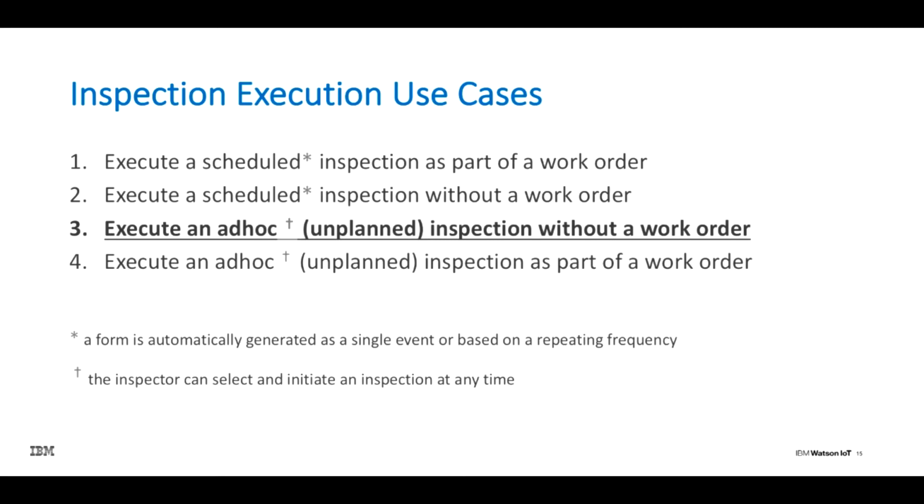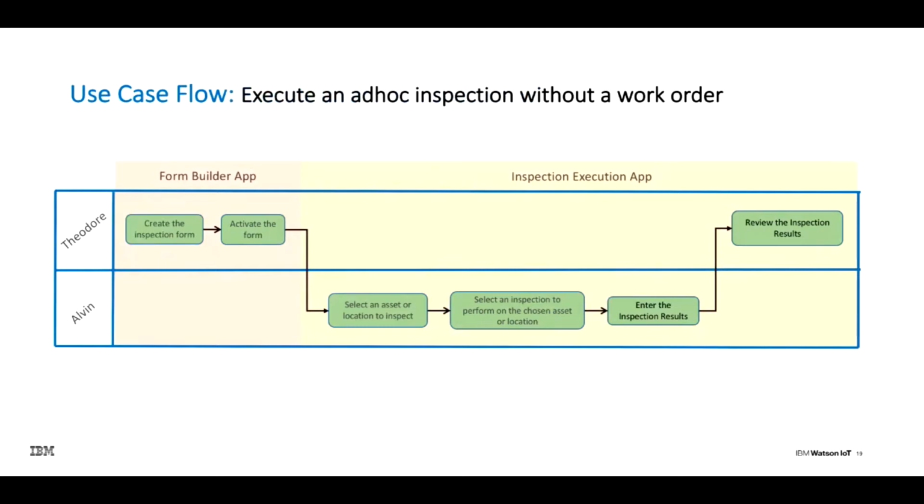Before I start doing a live demo of what we have in terms of inspections, let me quickly go through the flow that I will be using to demonstrate these capabilities. We basically have two personas. Theodore is the inspector supervisor, who is in charge of defining the inspection that will happen in the field and the results that I'm expecting out of that inspection.